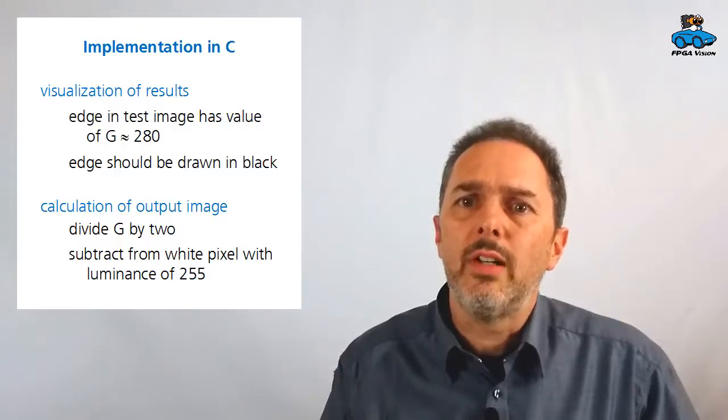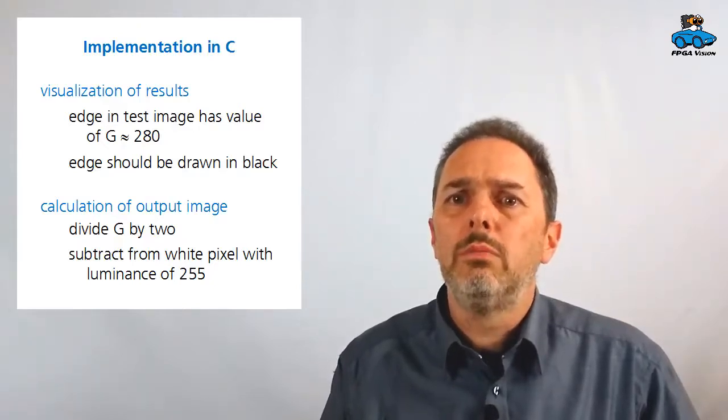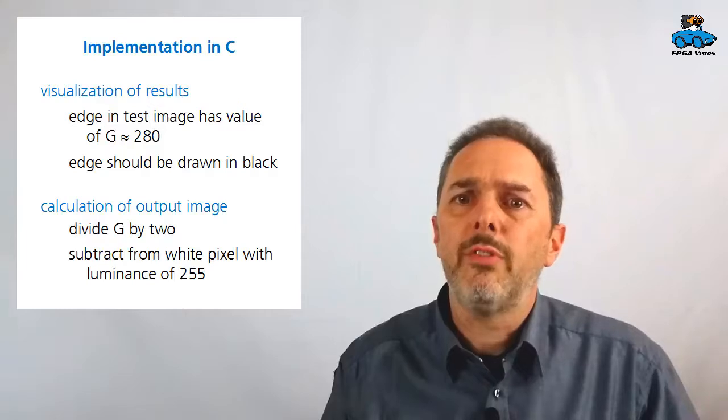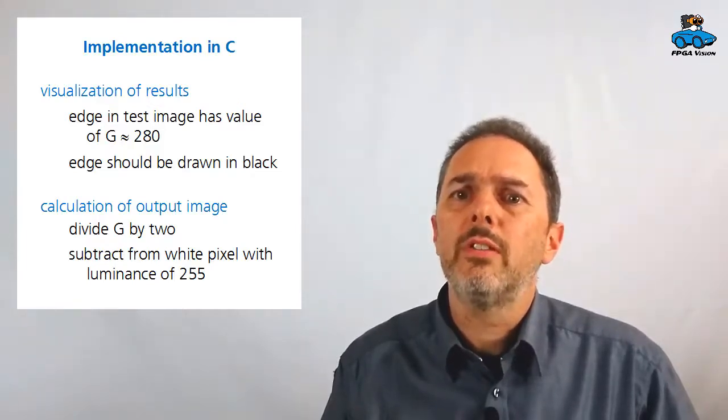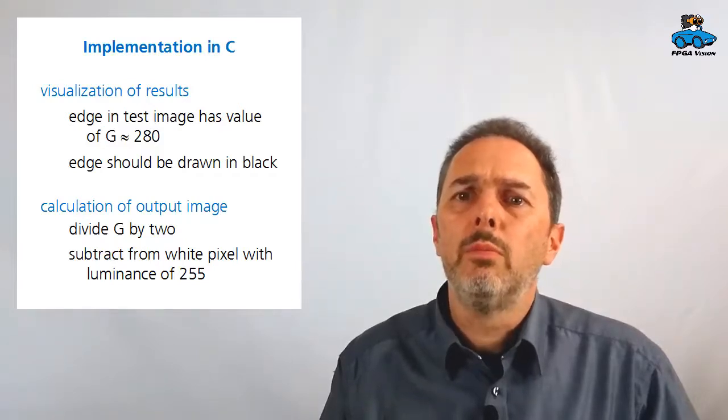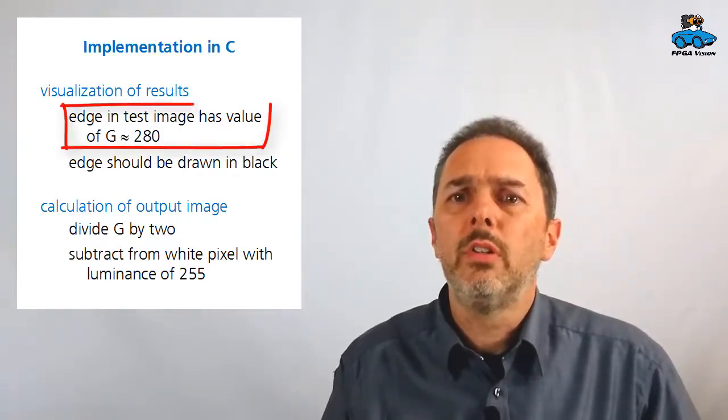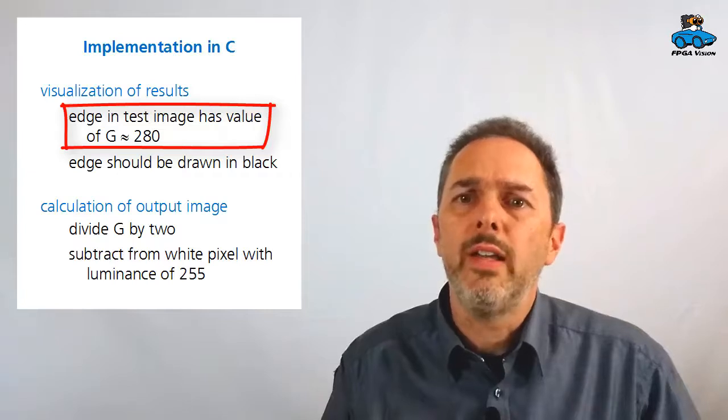To visualize the results, we want to have an image of the edges in the street scenes that we're seeing, and as we saw, a typical value would be something like 280.